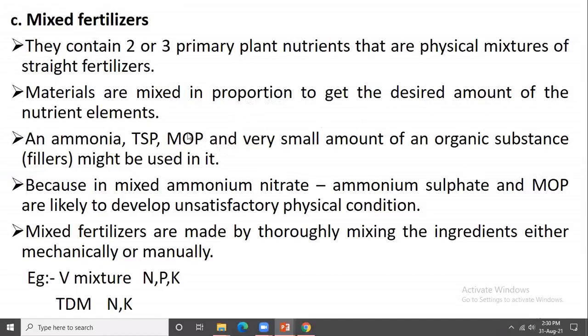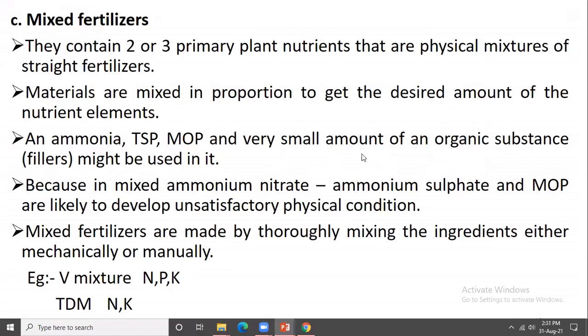Okay. Materials are mixed in proportion to get the different nutrient elements, like 1:2 or 1:3, as per the needed percentage. In ammonia, TSP, MOP, and a very small amount of organic substance.